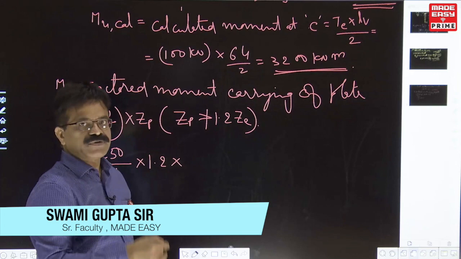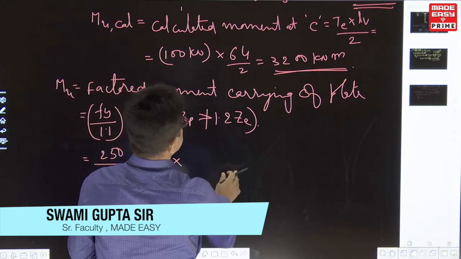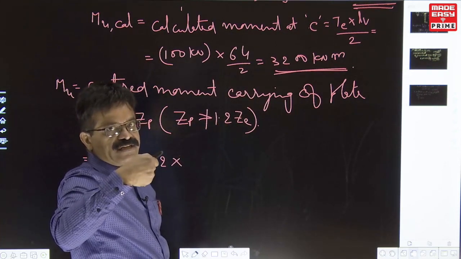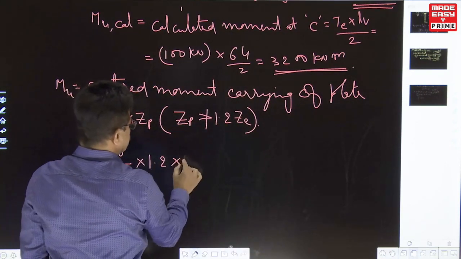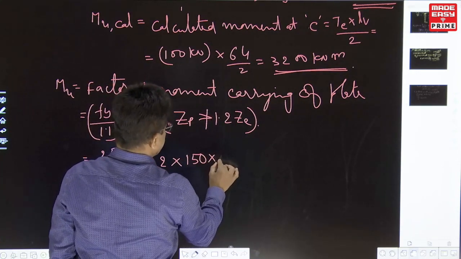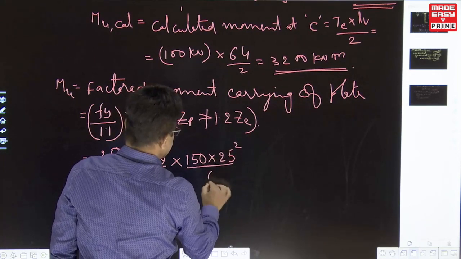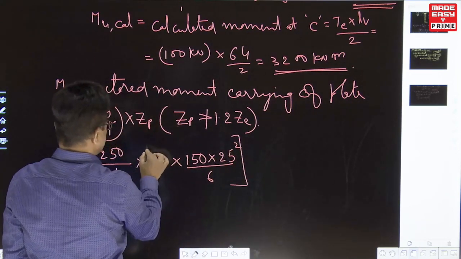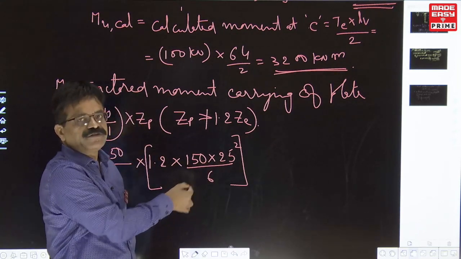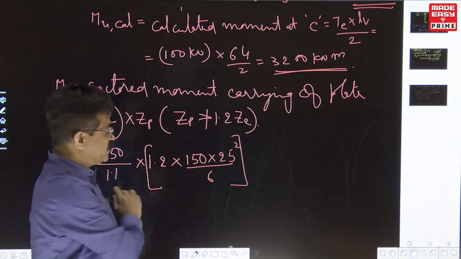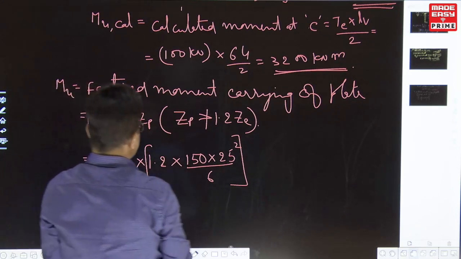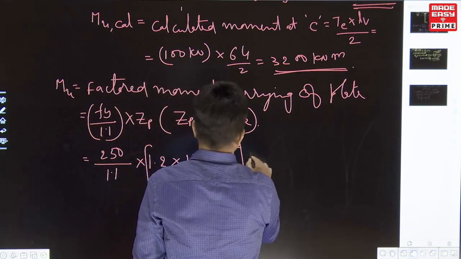Ze is Bd square by 6. The plate is given as 230 by 150: 230 is the length and the width is 150, and that 150 mm is bending. So B is 150, thickness of the plate is 25, Bd square by 6. Actually Zp means 1.5 Bd square by 6, which would give Bd square by 4. But we cannot take the full rectangular section factor of 1.5, so we will take it as 1.2 only.